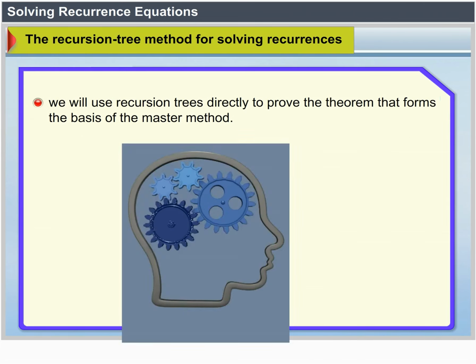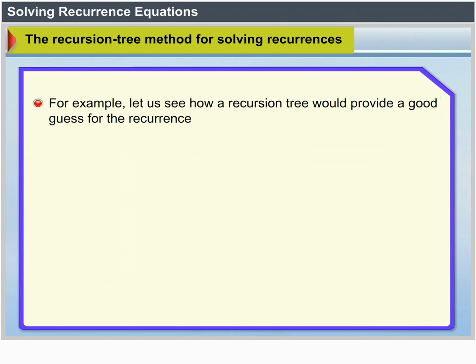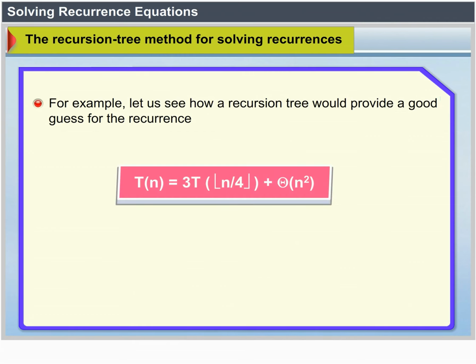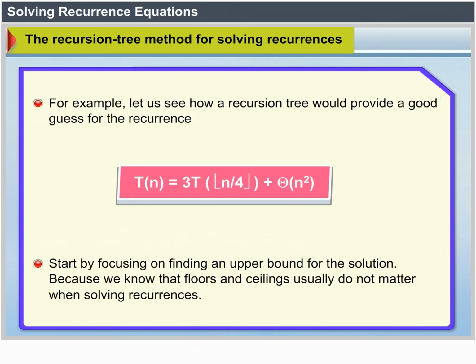For example, let us see how a recursion tree would provide a good guess for the recurrence T of n equals 3T of floor of n by 4 plus theta of n squared. Start by focusing on finding an upper bound for the solution, because we know that floors and ceilings usually do not matter when solving recurrences.